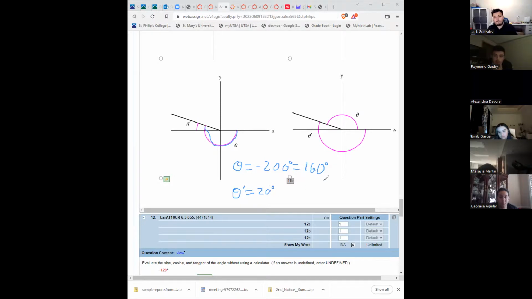Okay. Any questions on reference? Do you understand what a reference angle is? The definition, right? It's just that distance. Finding it just depends where you're landing, okay? If you're landing in quadrant 1, that's the easiest one. Just write down the same answer, right? Negatives, it might be easier to adjust to a positive, just like I did. This was easier to deal with, right? 160 was a lot easier than negative 200 to visualize. So you can always do that if you want to.